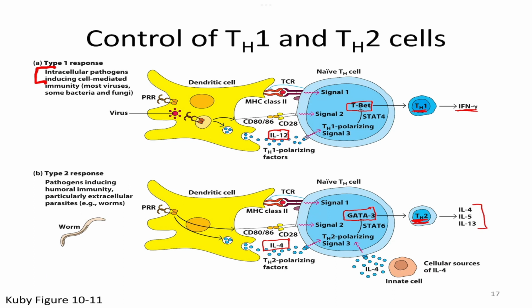And this will be particularly good at helping us combat extracellular parasites like worms or other kinds of eukaryotic parasites. So we were going to activate macrophages with the Th1 cell, while we're going to activate mast cells with the Th2 cell.